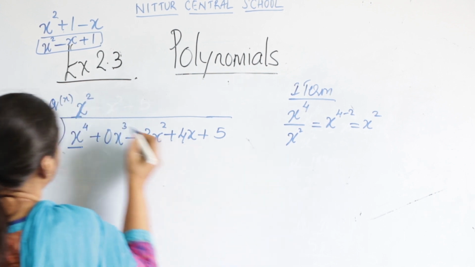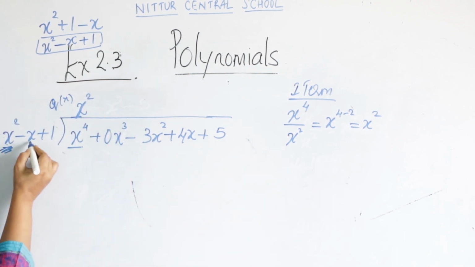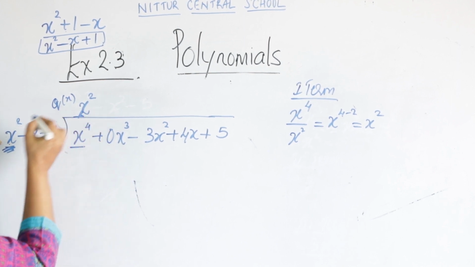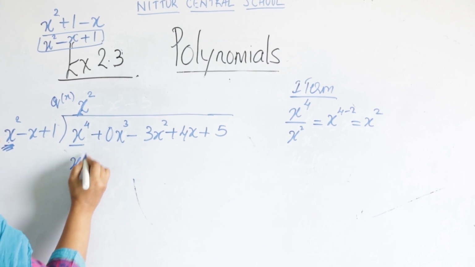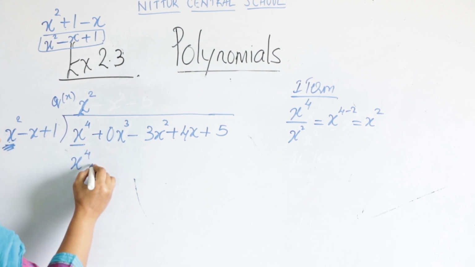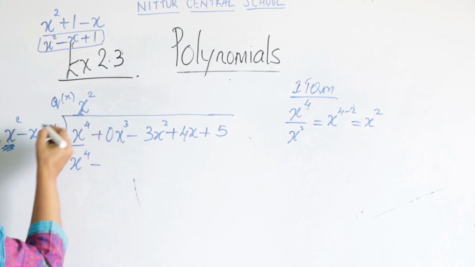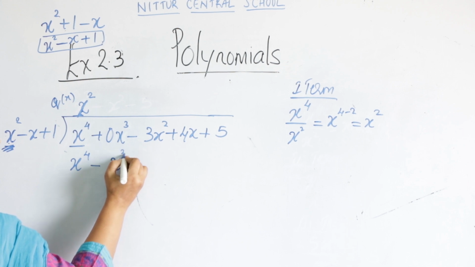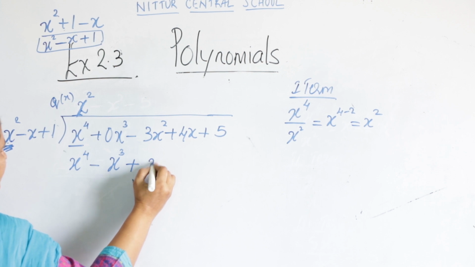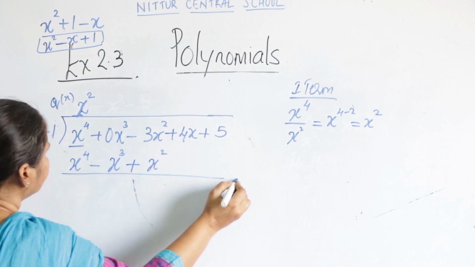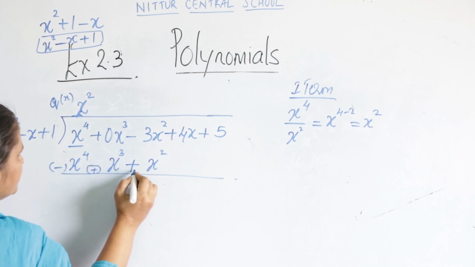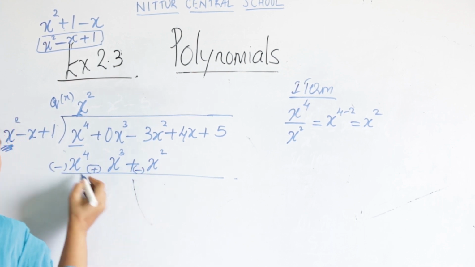Now let us multiply every term of g of x by this first term. X raised to 2 into x raised to 2, x raised to 4. Plus into minus, minus. X square times x, x cube. Plus into plus, plus. X square times 1, x square. So now we have, this is minus, this is plus, and this is minus.